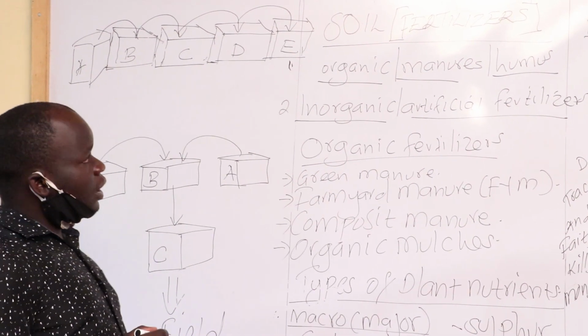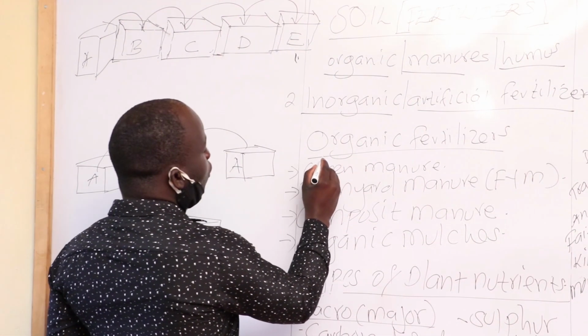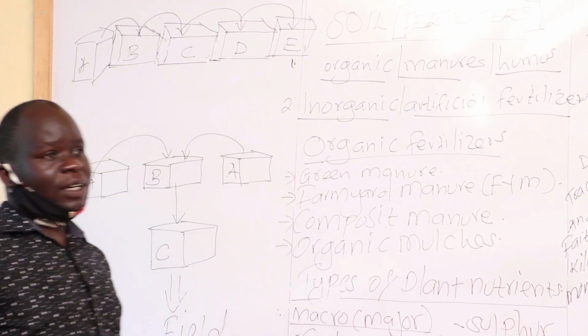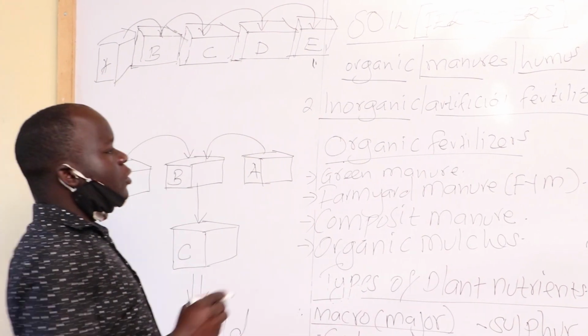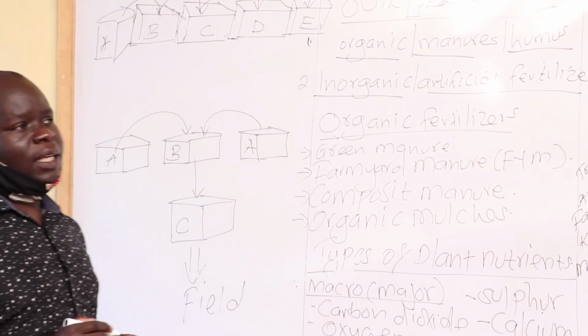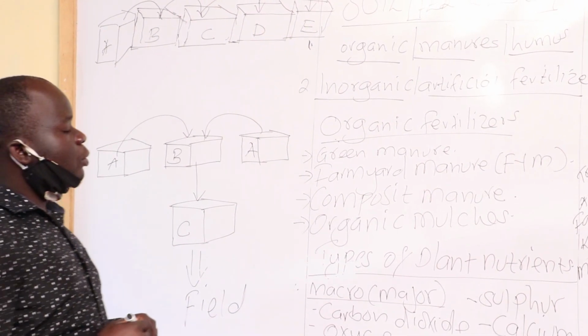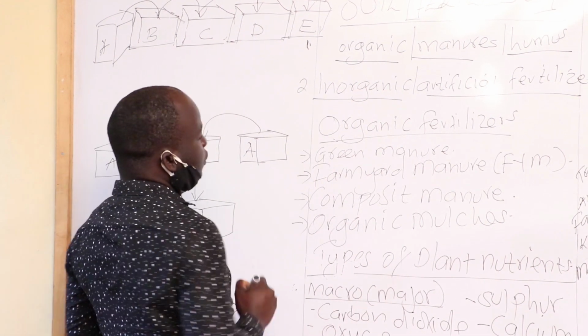So from the two types of fertilizers, we are going to begin with type number 1, which is also known as organic fertilizers. From the word organic, these manures or fertilizers you can prepare at home or anywhere you want, and you can prepare them from organic materials.